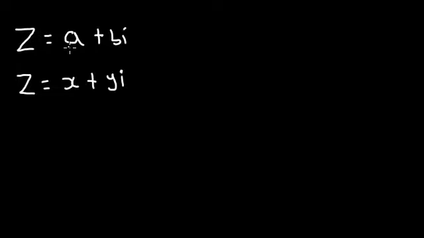Now, it is important to point out that ordinary rules of algebra still apply to complex numbers. However, there are some particular facts you have to pay attention to. And what are these facts?